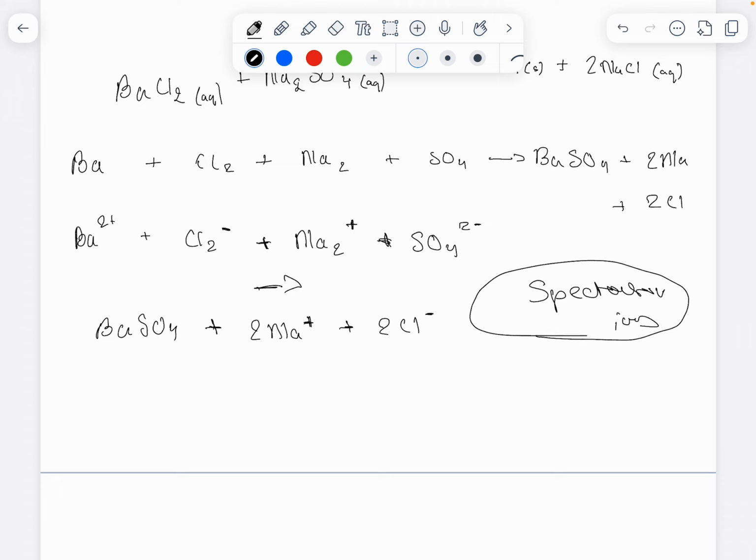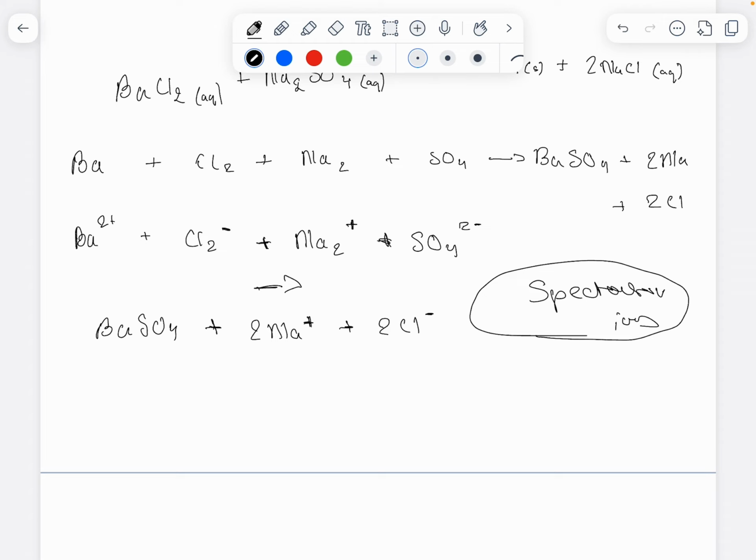These are parts of the equation or substances that remain the same before and after the chemical reaction. For example, yeah, okay.